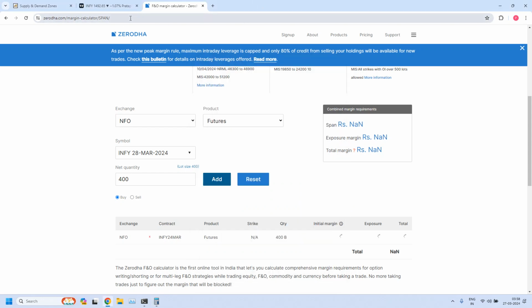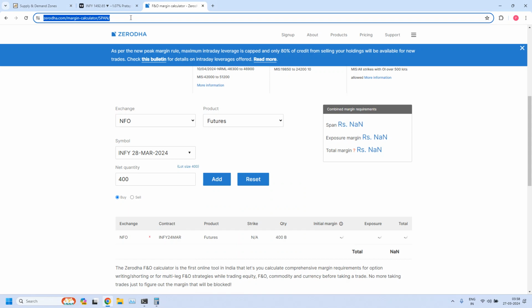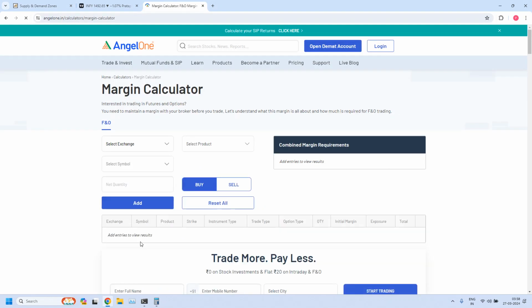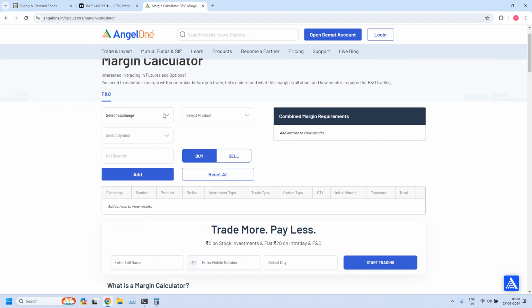We'll see, we have one more margin calculator, Angel Broking. Let us open their margin calculator. This is Nifty Futures, F&O. Futures symbol Infi. So we are buying. So let me click on add.